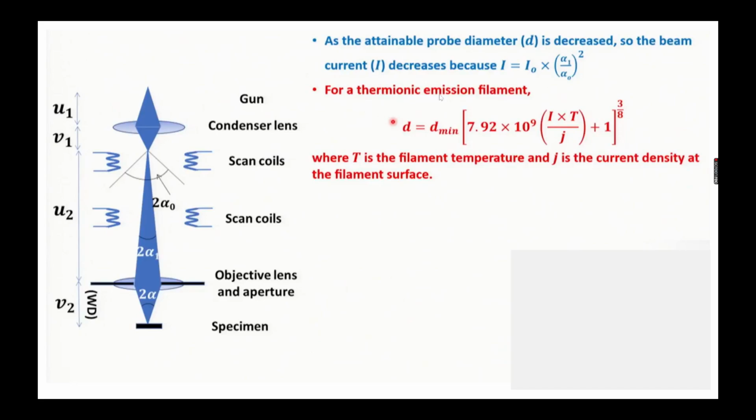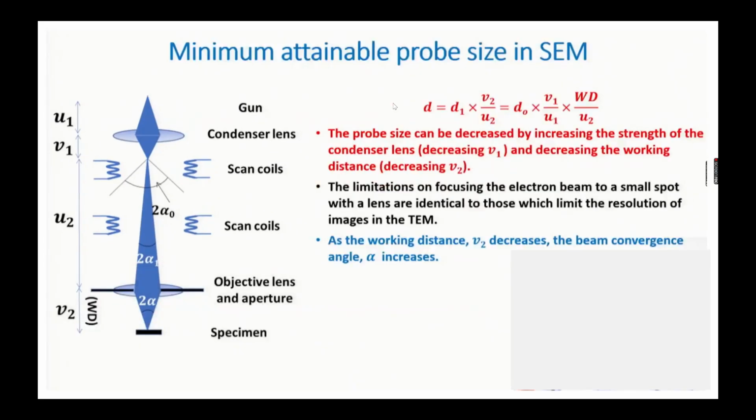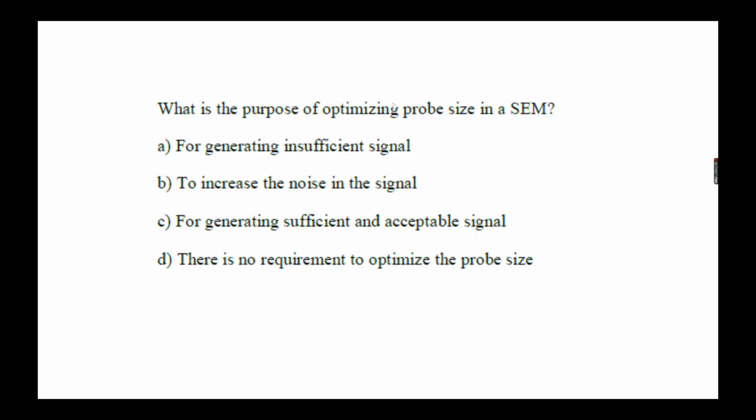This is different for the field emission gun, and in SEM we have used a thermionic emission filament. Usually we go for the field emission FEG gun, but here the formula is given for the thermionic gun. So the probe size we need to optimize in such a way that the signals are sufficiently generated and acceptable.